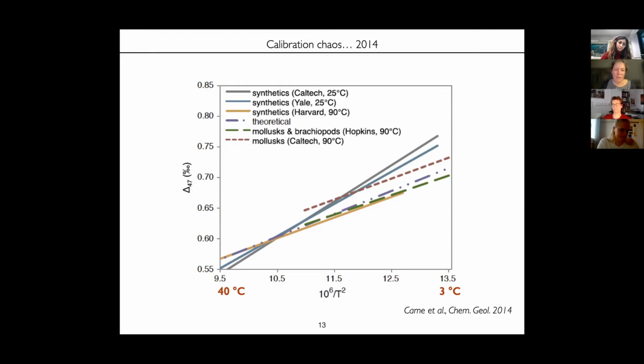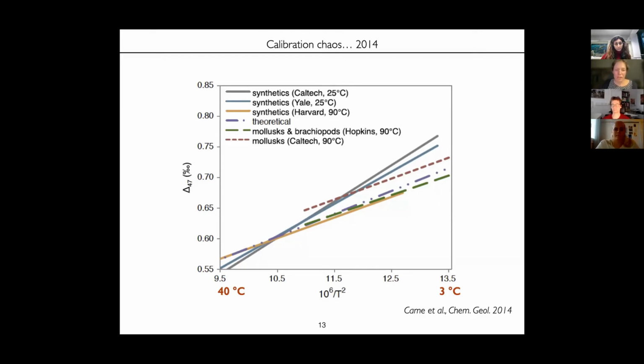I am speaking in past tense here because I would claim that the community has finally overcome this stage. We have worked very intensely on standardization, on deriving carbonate standards that can be used by all the labs. That has helped a lot, and also figuring out which correction parameters exactly to use, for example for correcting for 17O abundance, and so on.